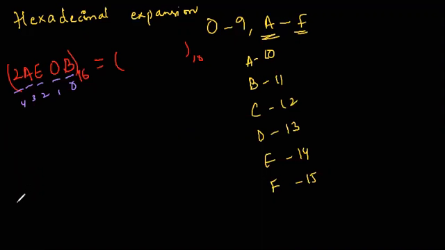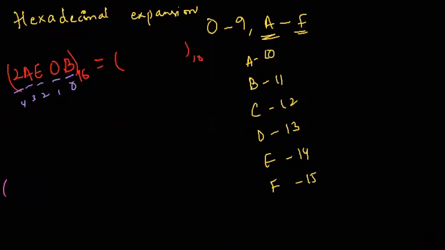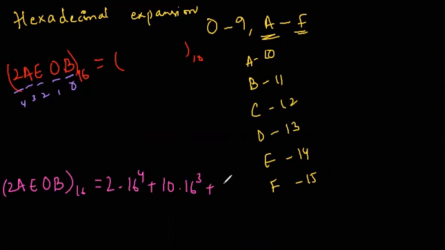So it can be written as 2AE0B base 16. Since 2 is at place value 4, it is 2 into 16 power 4 plus 10 into 16 power 3 plus, why am I writing 10 over here? Because A's value is 10.